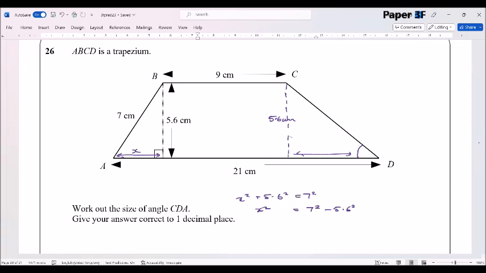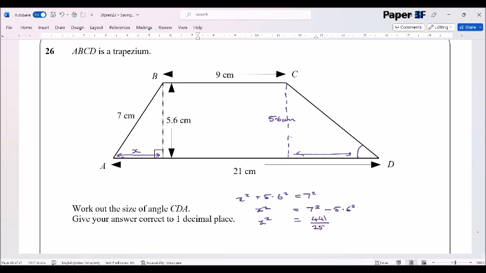So x squared is equal to 441 over 25. Square root that. So that gives me 21 over 5, which as a decimal is 4.2.